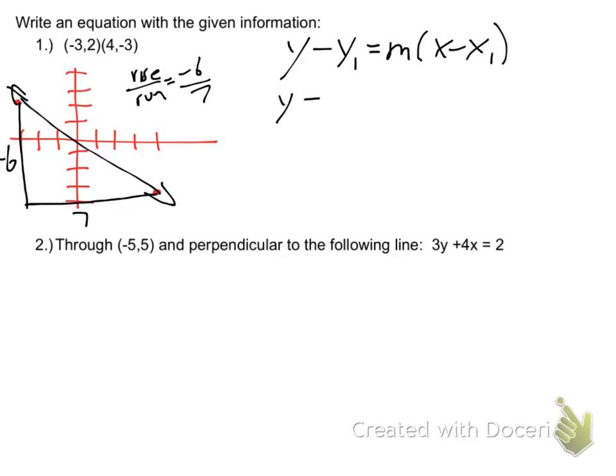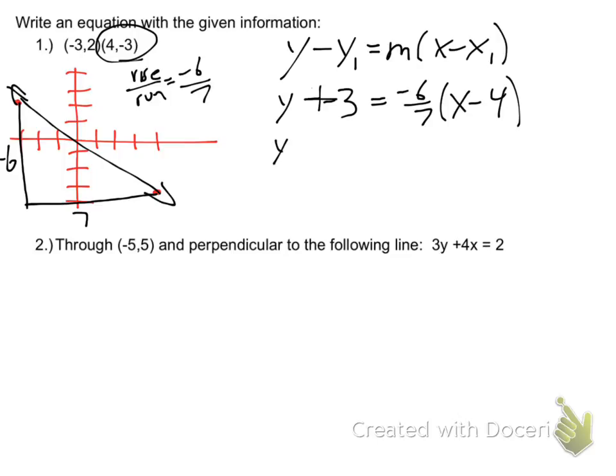So y minus, and we got to pick a point. So let's go with the second point. So I'm going to subtract a negative 3 equals negative 6/7 times x minus 4. Now granted, these are not always going to be nice numbers, but I think we can all assume that if you subtract a negative, you are going to add.